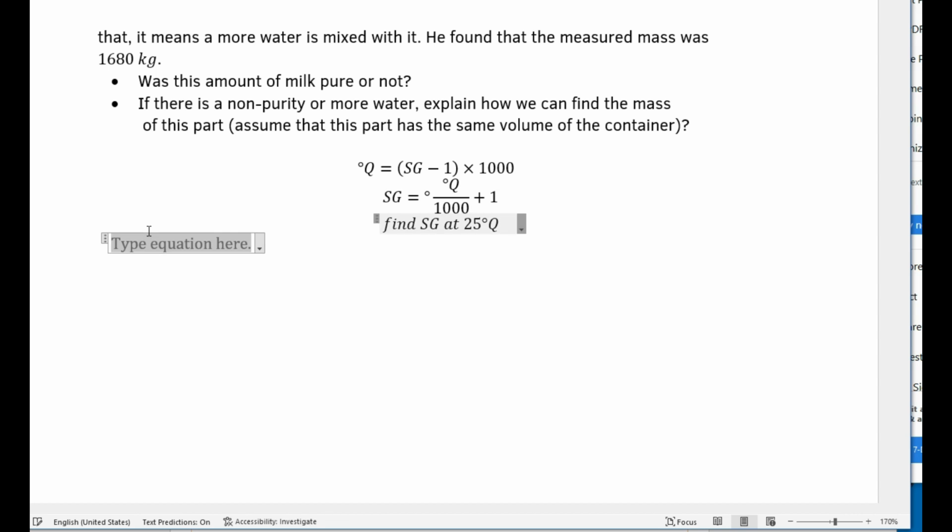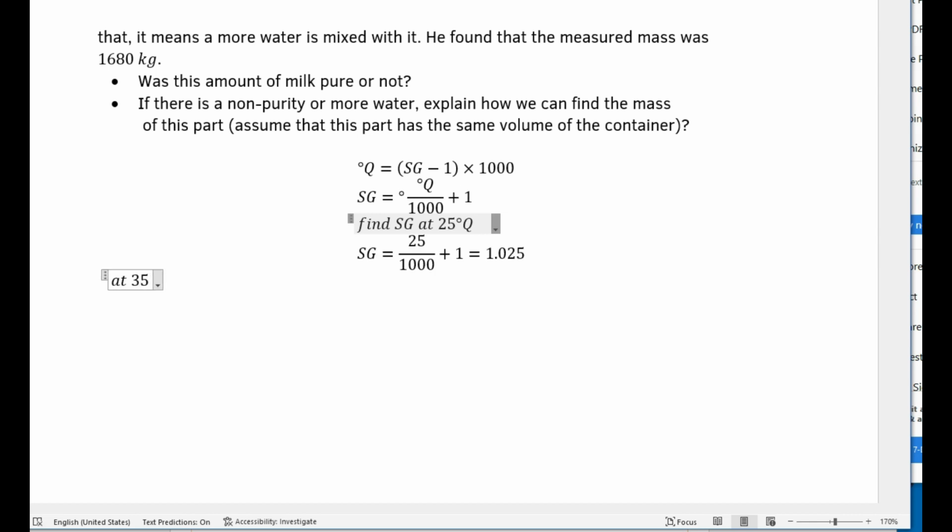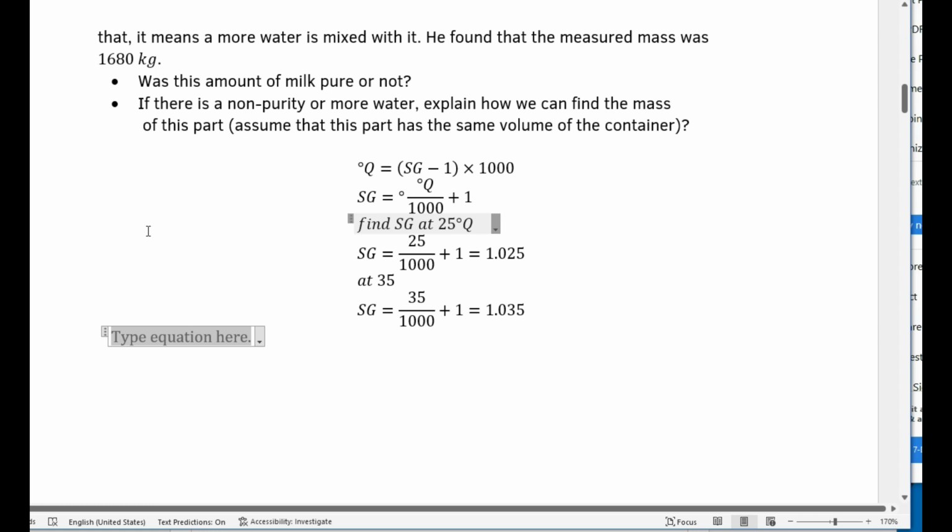My SG equals 25 divided by 1000 plus 1, which is equal to 1.025 as SG. For 35, SG equals 35 divided by 1000 plus 1, which is 1.035.